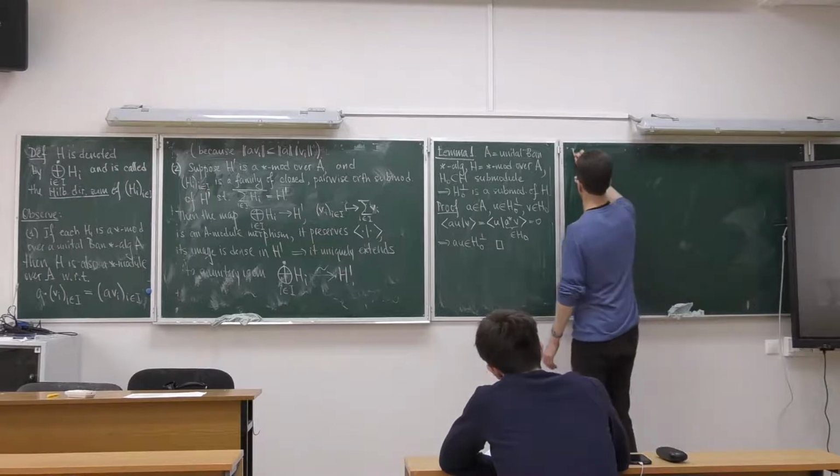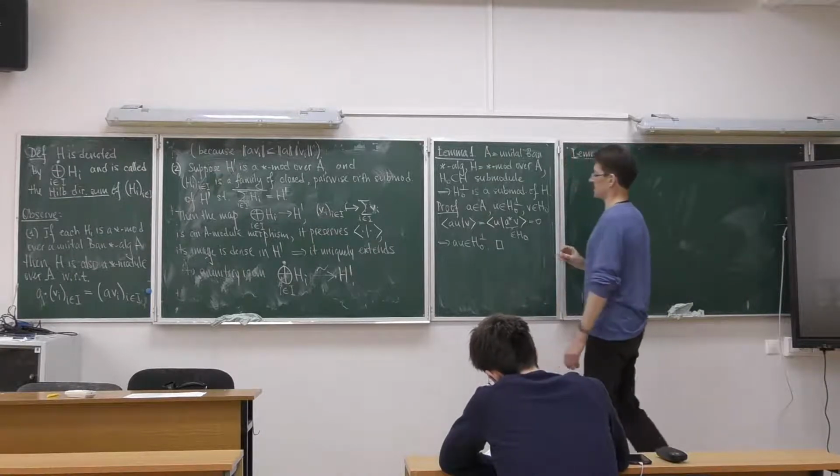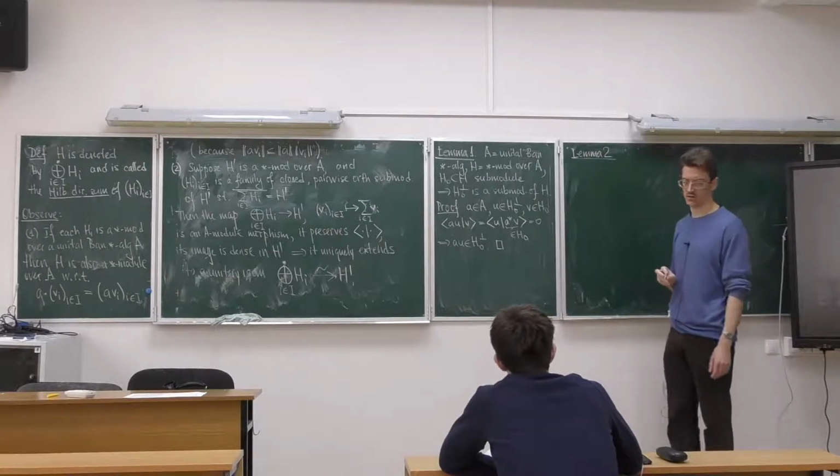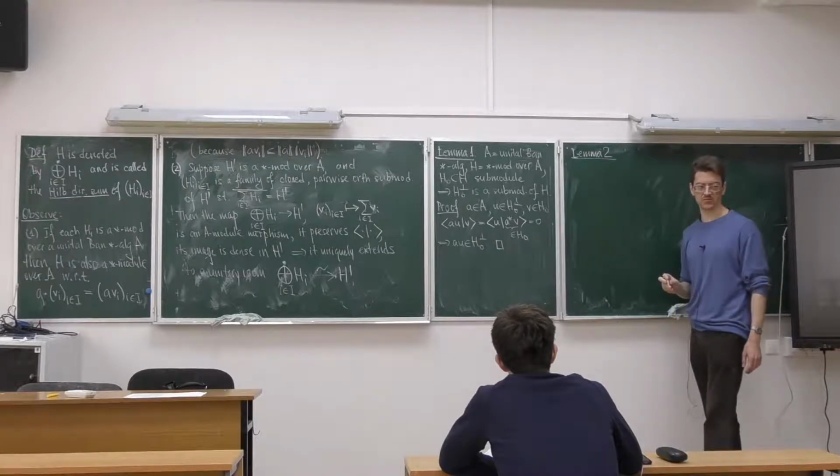And lemma 2, which essentially shows that each star module over any Banach star algebra is isomorphic to a Hilbert direct sum of cyclic modules.